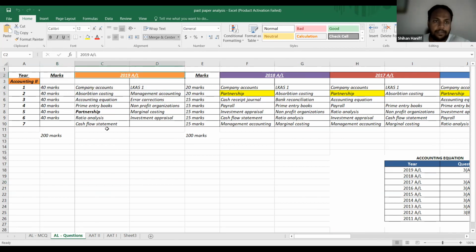Now I have analyzed from 2019. I will share the other years, 2020 and 2021, with you after the classes.